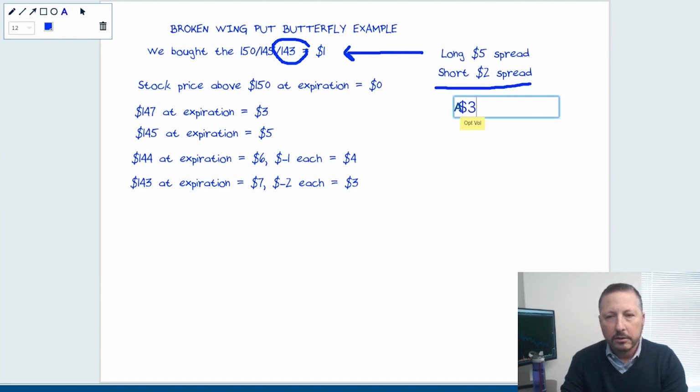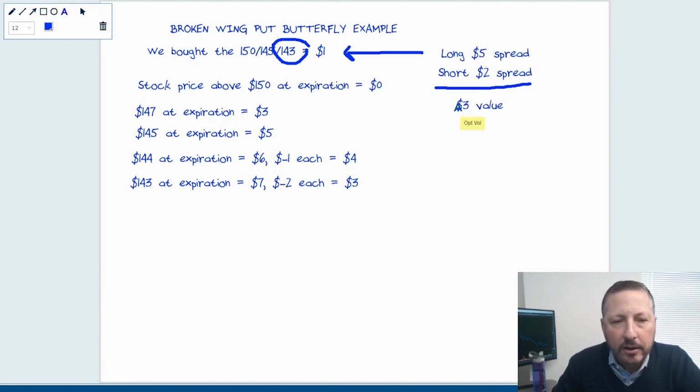Whereas in the regular butterfly, once we hit that end strike and it went beyond that, the spread was worth 0. So let's play this out here.